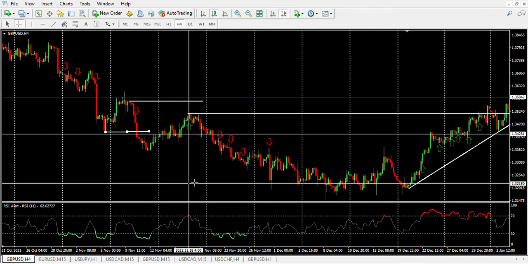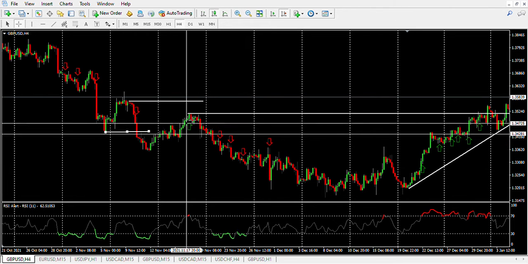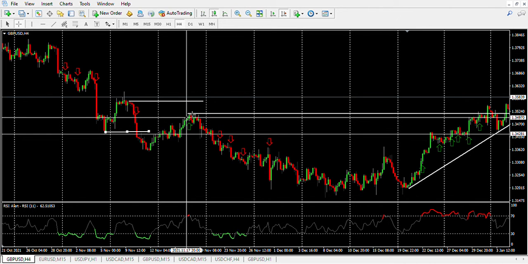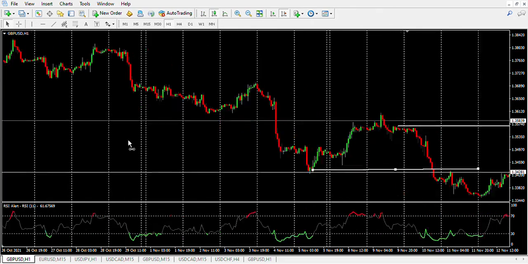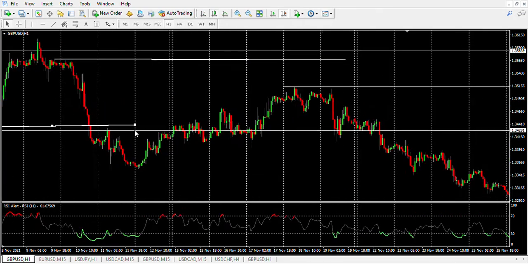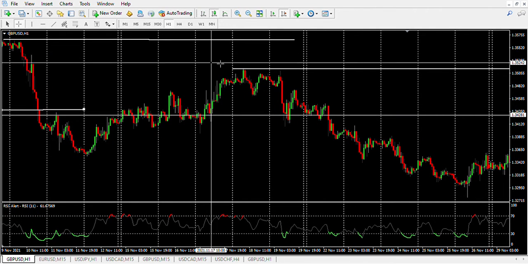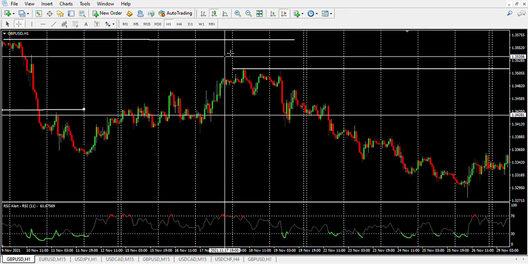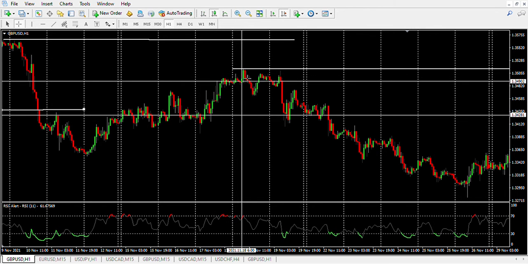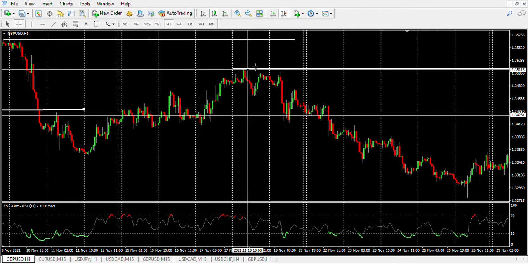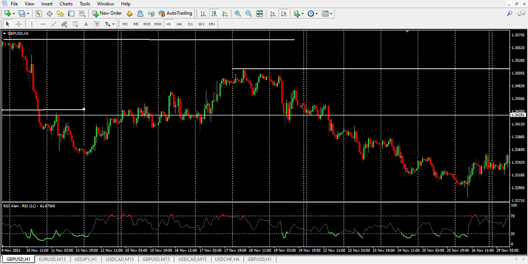Now the RSI touched over here, and let's go to the 11th or the 17th. The 11th or the 17th is where the RSI touched here, formed the double top, and you are free to go short.